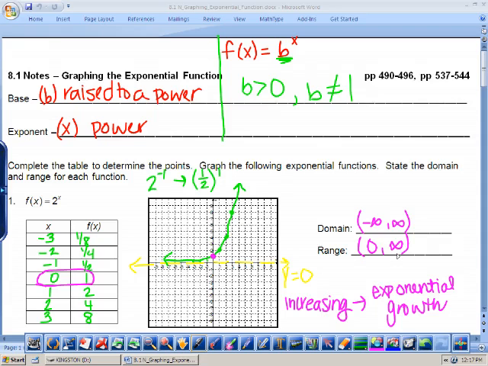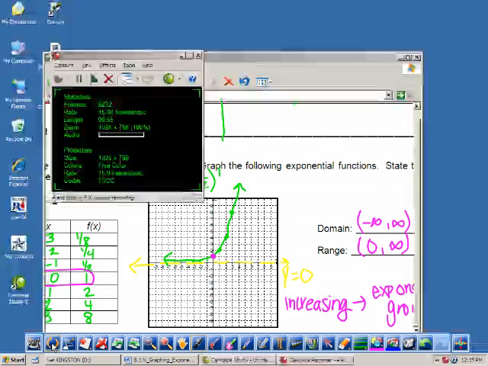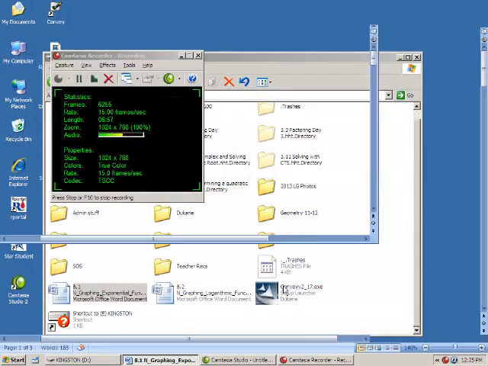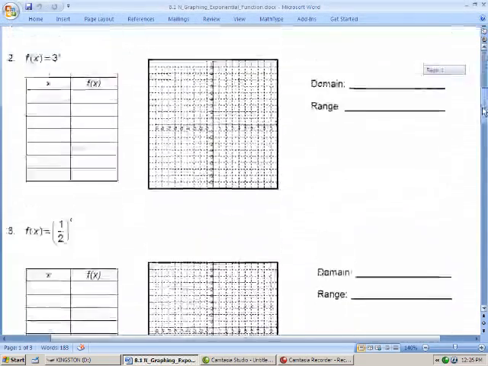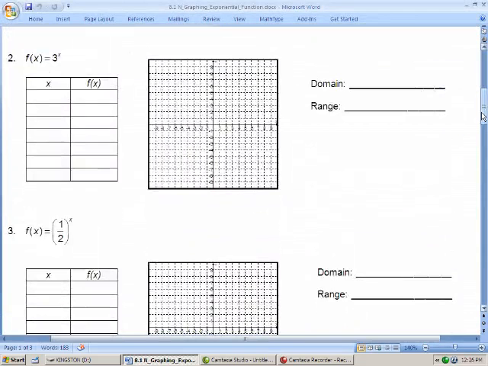Okay? All right. Will you please fill out your table and graph number 2? Make sure to label your asymptote and your domain and range. Negative 3 to 3. You're not going to be able to plot all of them, but you can go ahead and fill them out.